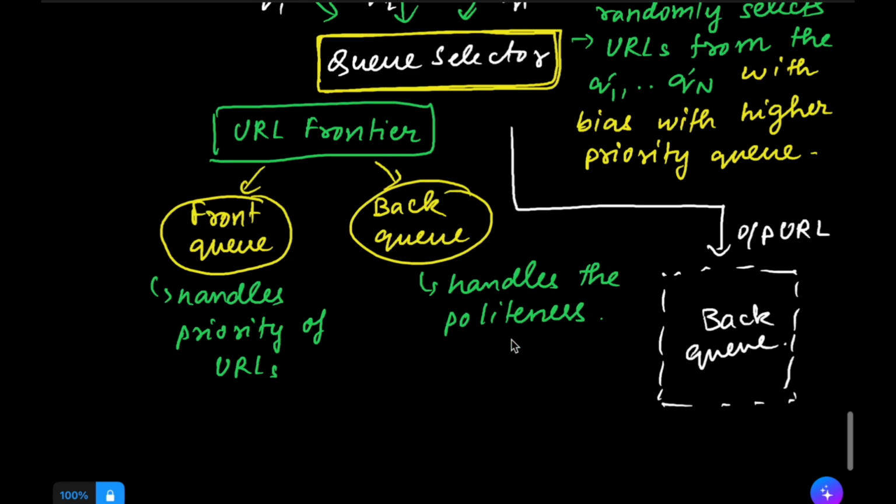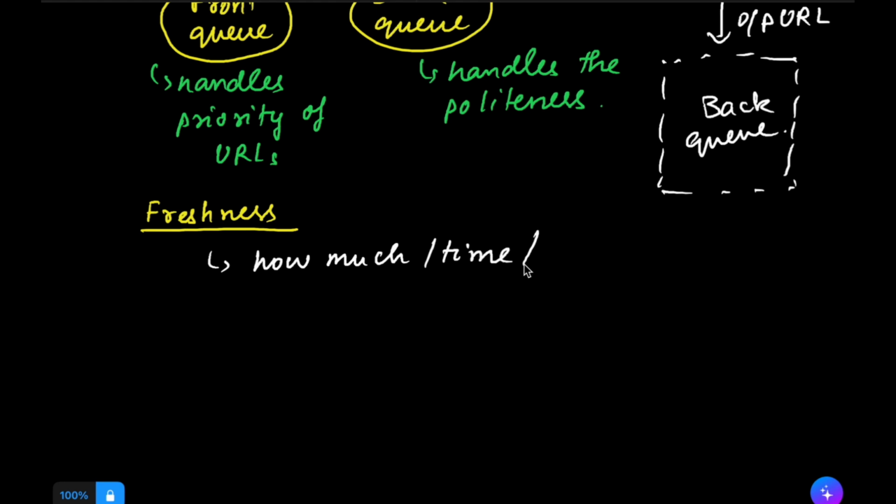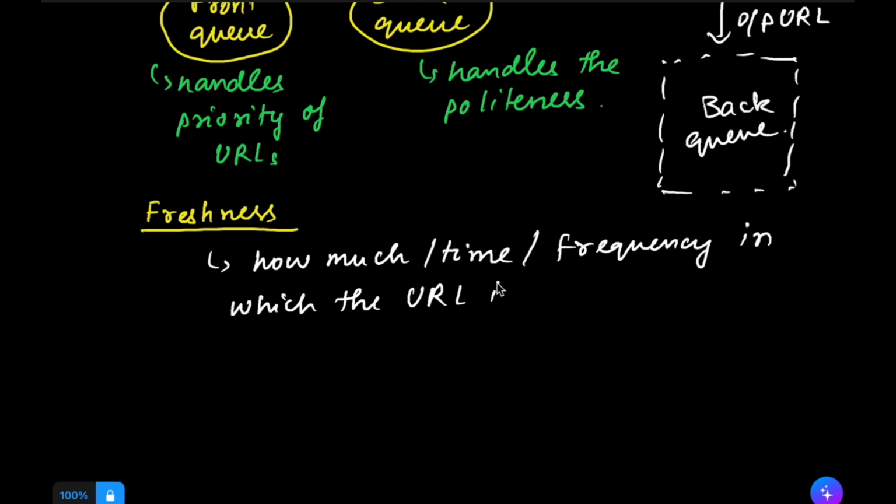So another thing which is handled by this URL frontier is called freshness. What is freshness? Freshness is how much time or what is the frequency in which the URL is updated. So the web crawler recrawls downloaded web pages periodically to keep data fresh. So how can we handle this situation?